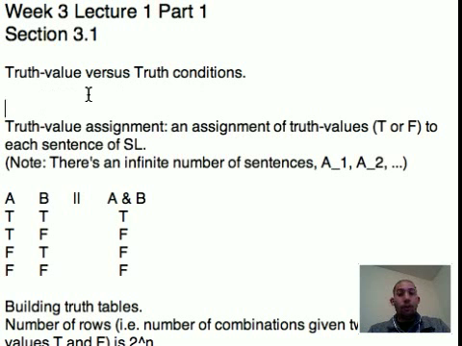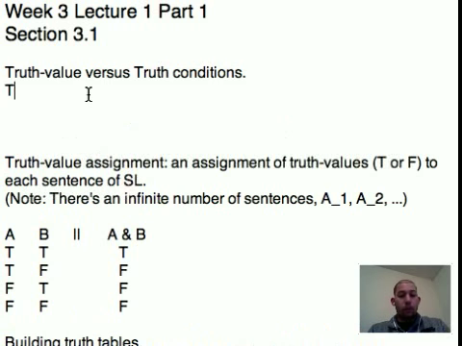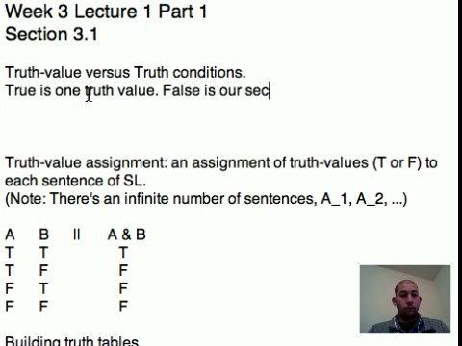In our system we only have two truth values. We have true, and we also have false.